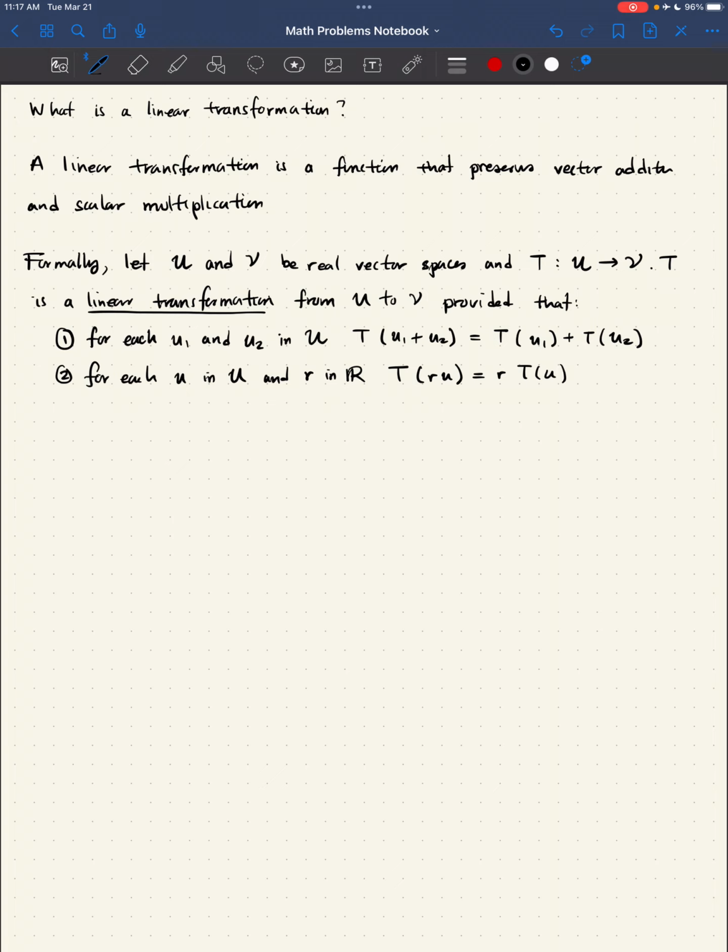Now let me provide an example and we'll go into the details of demonstrating that indeed it is a linear transformation.